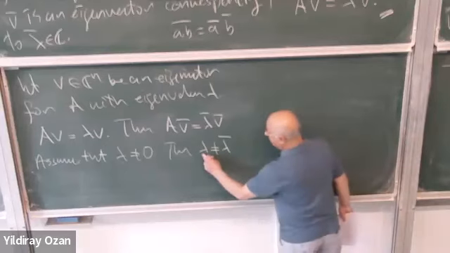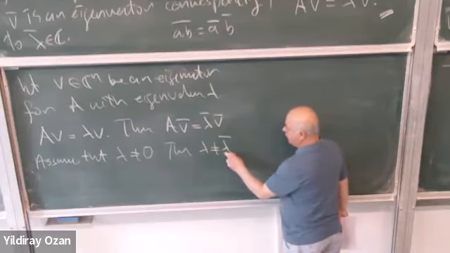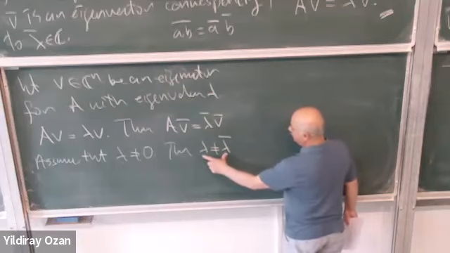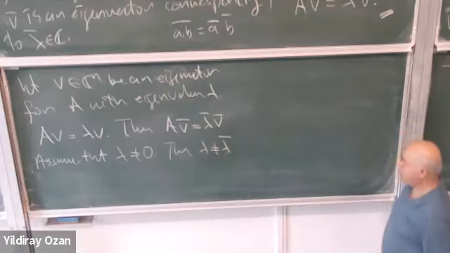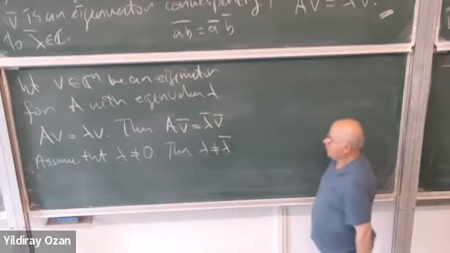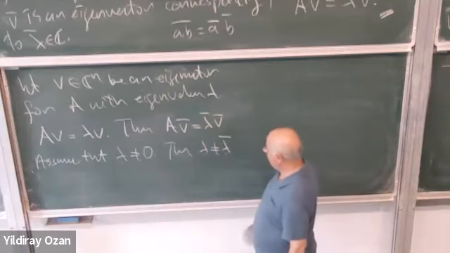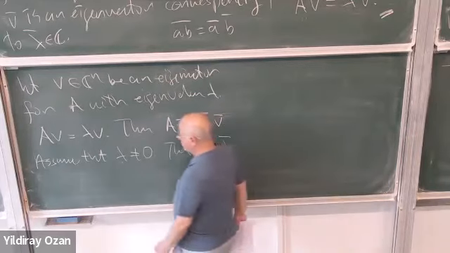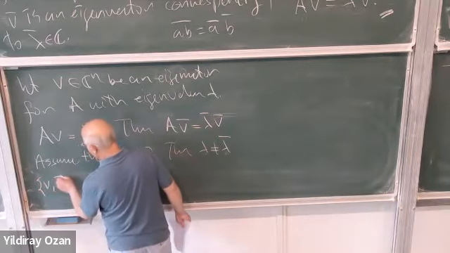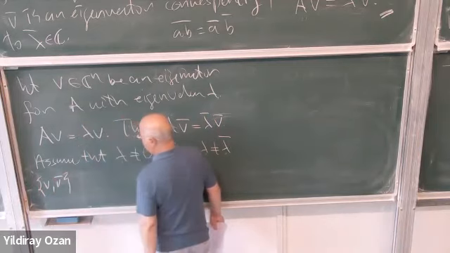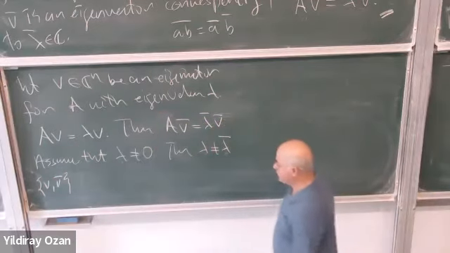This is an eigenvalue. This is another eigenvalue. They are both purely imaginary. Therefore, they are distinct. And we have corresponding eigenvectors, B and B bar. We have two eigenvectors.